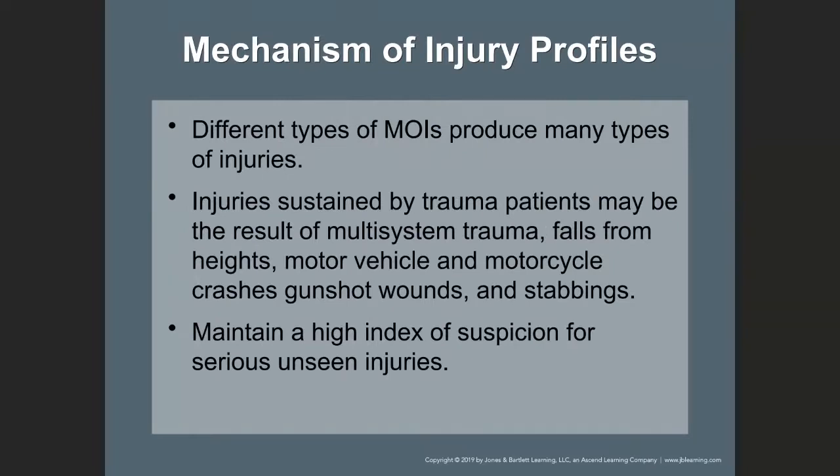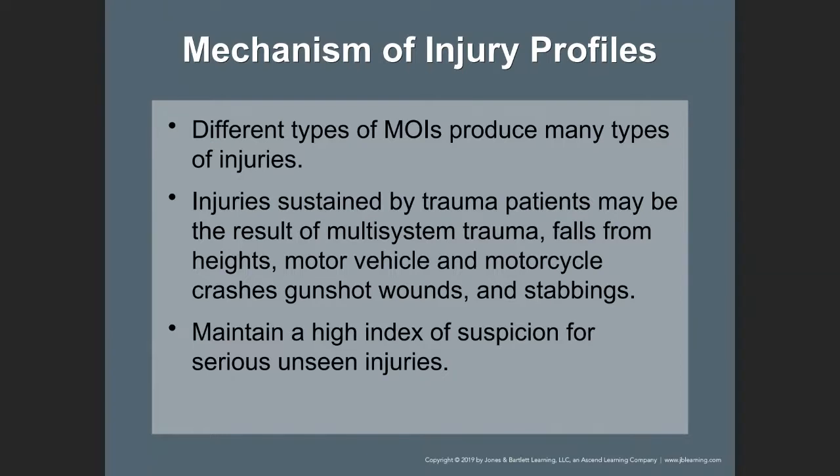Mechanism of injury profiles. Different types of MOIs produce many types of injuries, and an MOI can be specific or it can be diffuse. If it's specific, usually the injury is not severe, but it can be. If it's diffuse, usually the injury is very severe and the patient is at risk for multiple trauma.